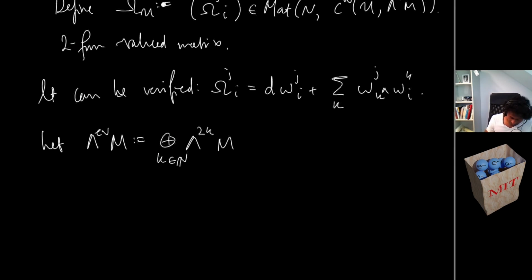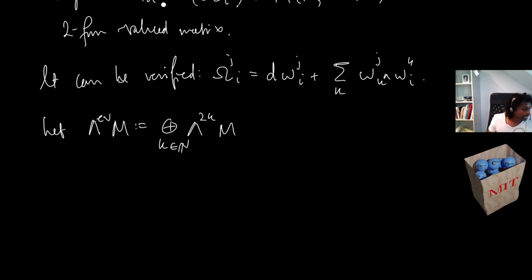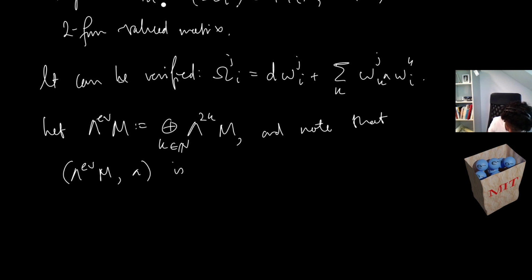Okay, so these are my even forms, and note that EV(M) with the wedge product is a commutative algebra. Because if we take the wedge of two forms, we get a factor of minus one to the power of the sum of the degrees. So if we're in the even algebra, this is always going to be an even number, and so the product commutes.